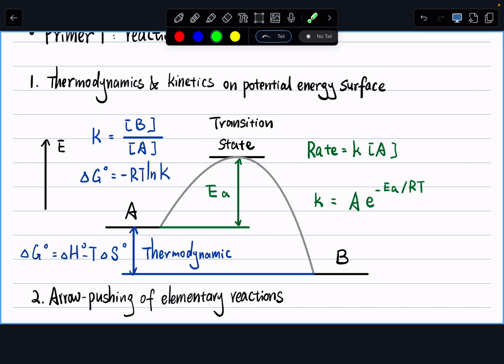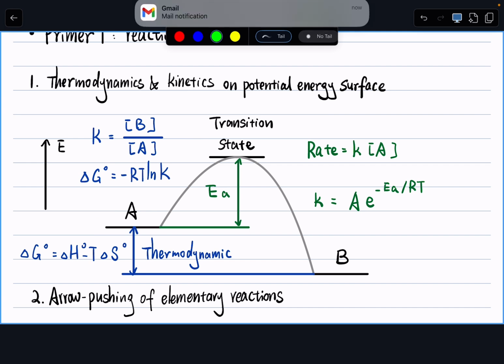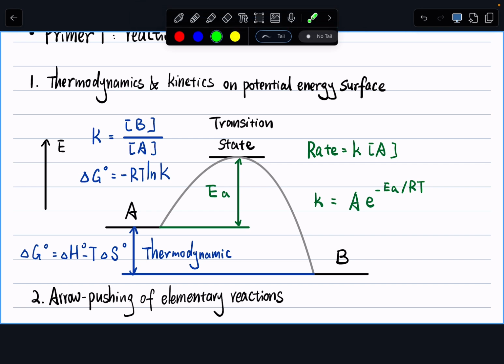And what about an alternative way of thinking? Another example we have is a carbocation rearrangement. So I'm just going to write my carbocation rearrangement. Let's say we start here, we have a secondary carbocation.